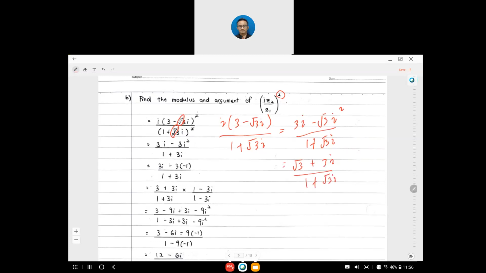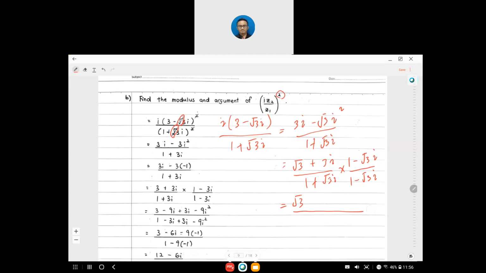Okay, so this one times by the conjugate, 1 minus 3i times by 1 minus 3i. Solve that one first. So you can get 3.